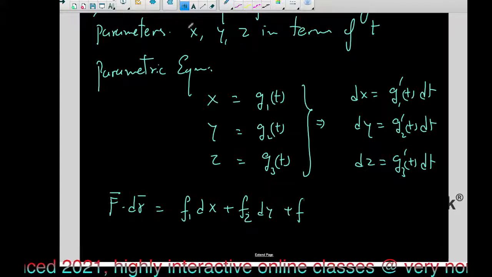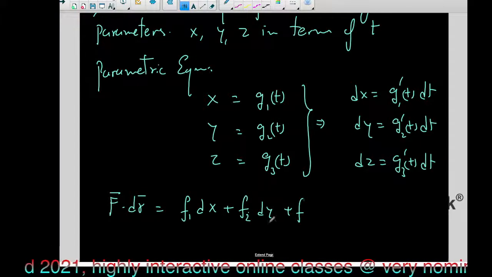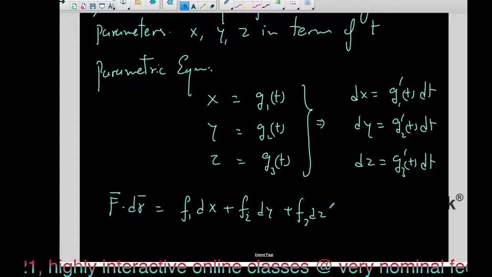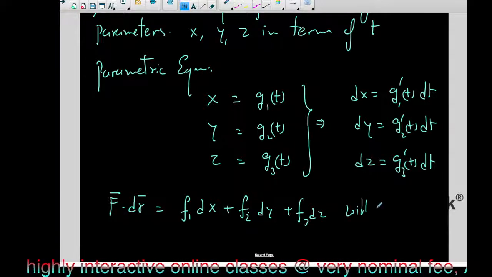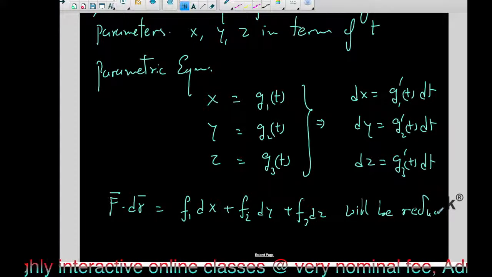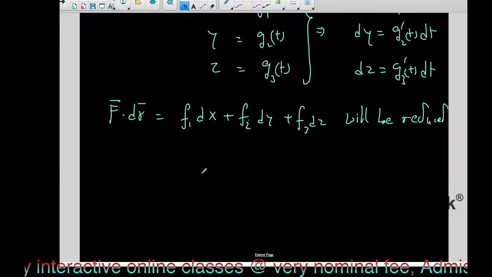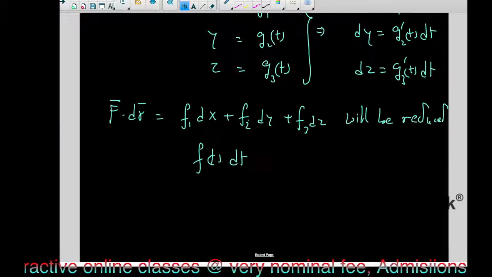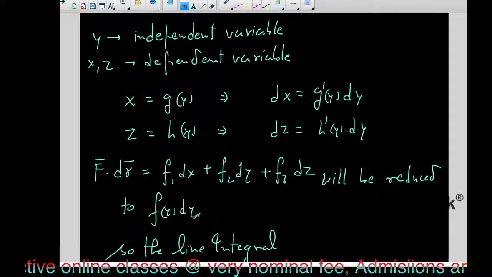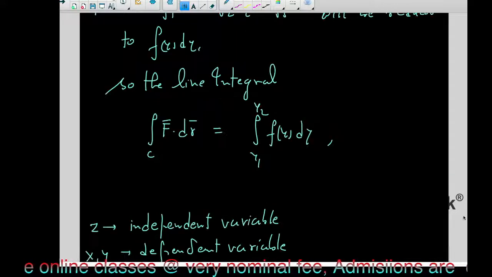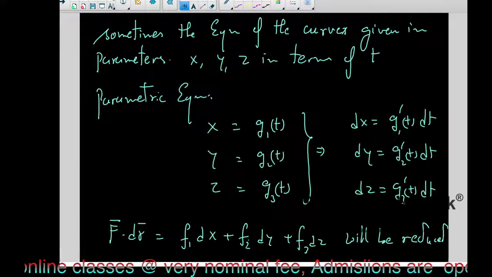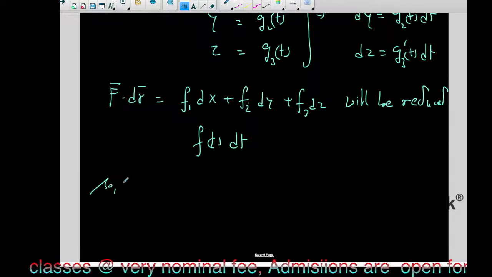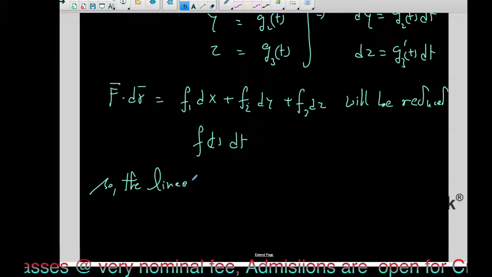After all these substitutions, it will be reduced to a pattern of f(t) dt. As in the previous case, they were reducing in terms of f(y) dy and f(z) dz, here they are reducing in terms of f(t) dt.